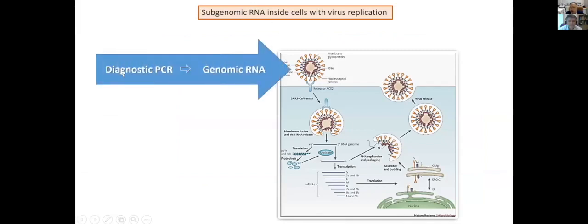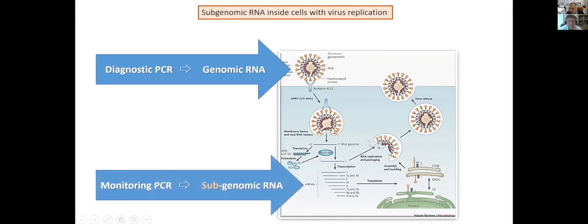In conventional diagnostic PCR, we target the genomic RNA, which is inside the viral particle. But when the viral particle goes into the cell and replicates, it releases a lot of subgenomic RNA, which has a different sequence from the genomic. So we can design a PCR to target this subgenomic RNA.